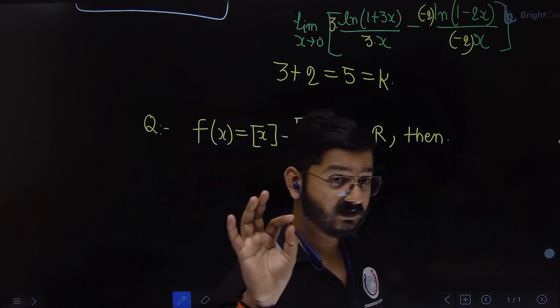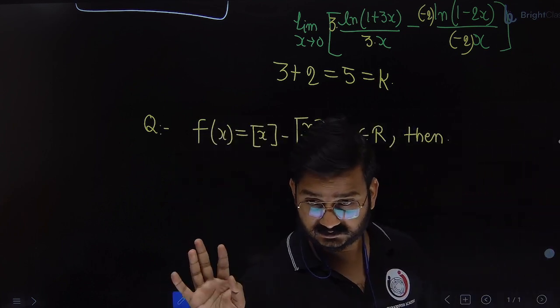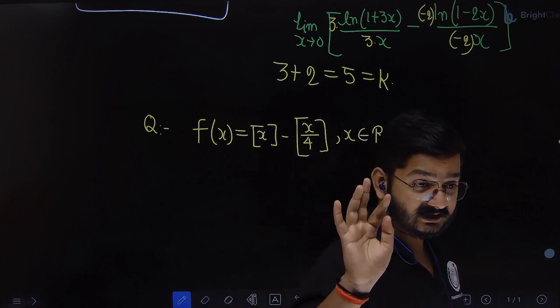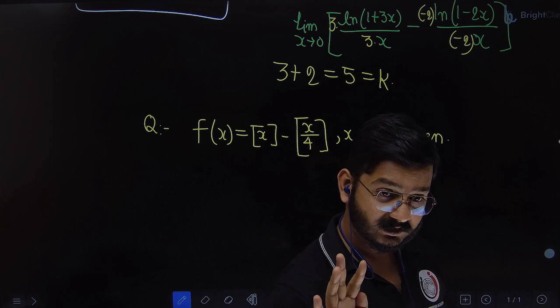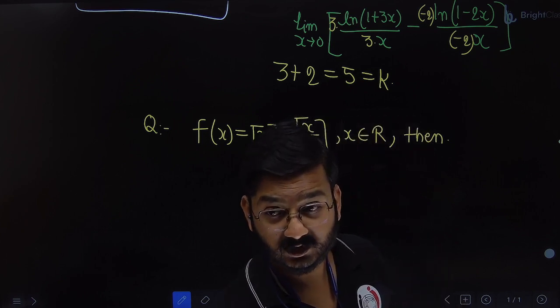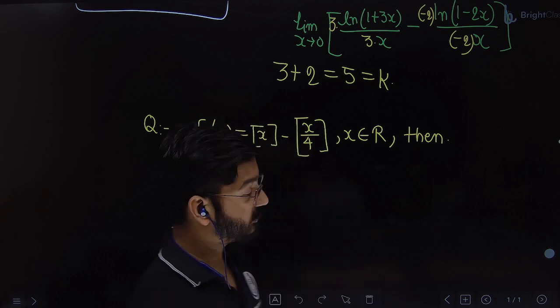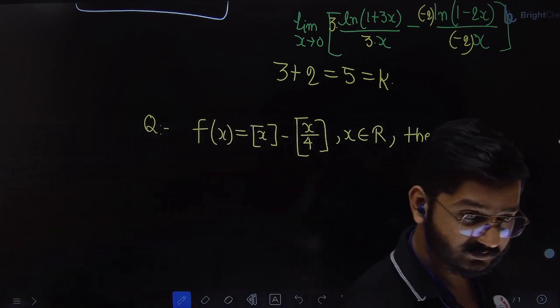I'm repeating again. First possibility, both the limits don't exist. Second, they exist but they are not equal. Third, they exist, they are equal but not equal to the value of function. So you need to check. So first check the left hand limit, then check the right hand limit.